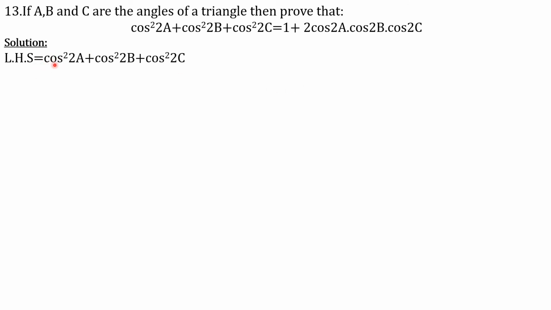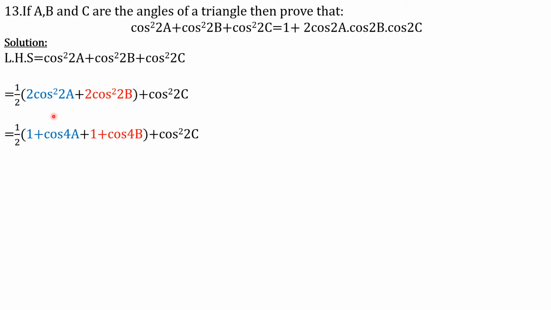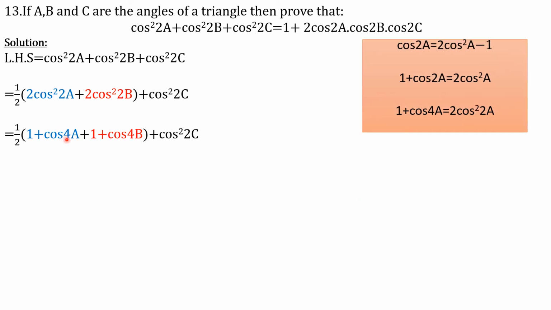Now we will multiply this term and this term by 2 and then balance by dividing with 2. The last term is copied as it is. Then we have learned 2 cos square 2A is 1 plus cos 4A. How?